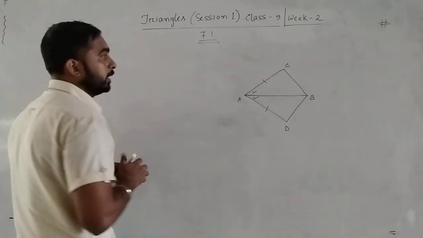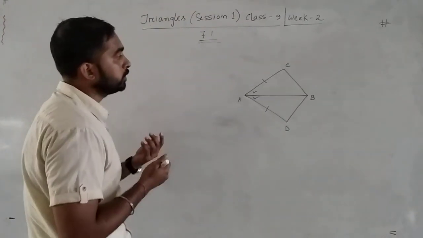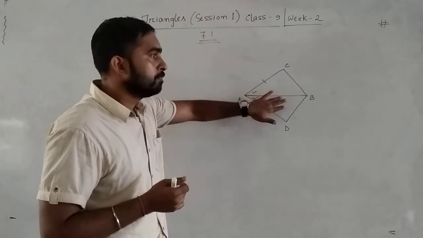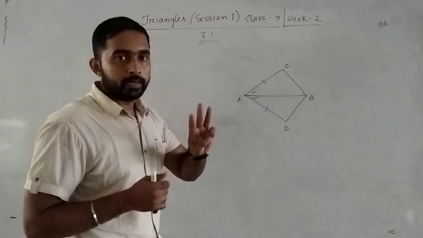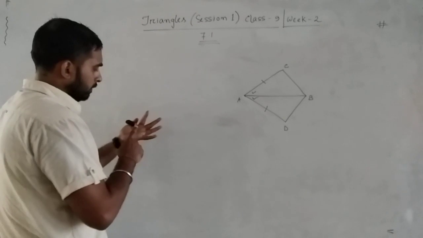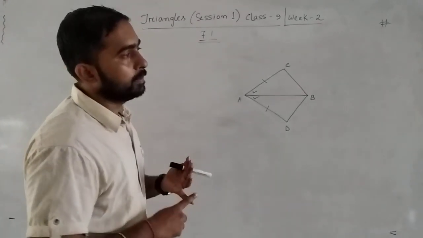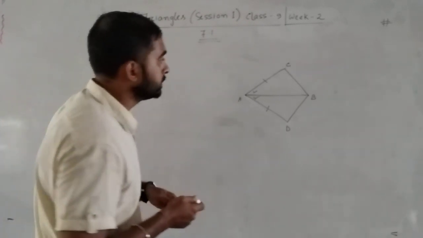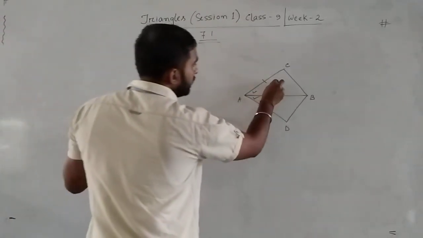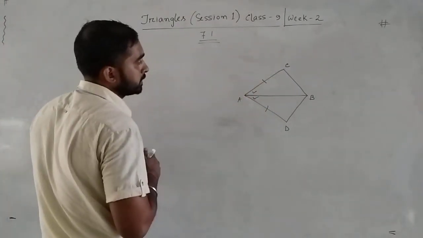We have to see whether there are sufficient conditions by which we can say these two triangles are congruent. We require only 3 conditions. They may be side side side, side angle side, angle side angle, angle angle side, or maybe RHS.